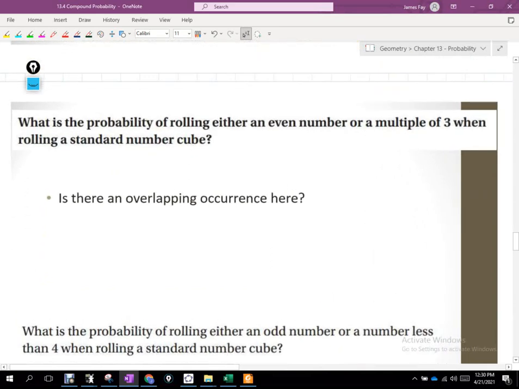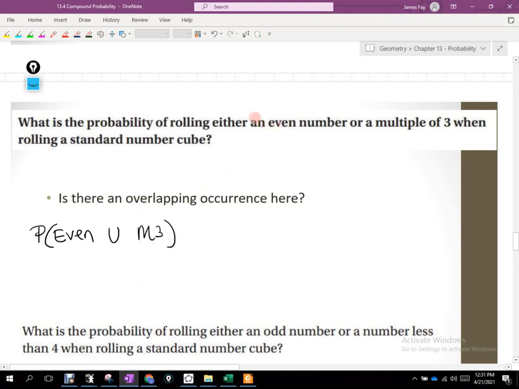What is the probability of rolling either an even number or a multiple of 3 when rolling a standard number cube? So we're looking for the probability of even or multiple of 3. I'm going to just say M3 for multiple of 3.